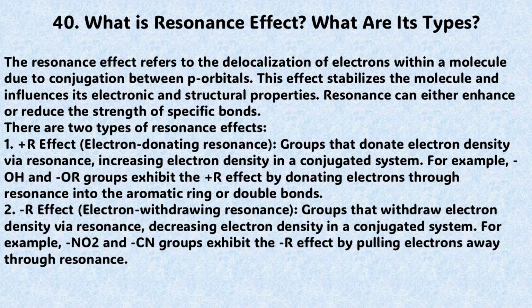For example, OH and OR groups exhibit the +R effect by donating electrons through resonance into the aromatic ring or double bonds. -R effect: electron withdrawing resonance groups that withdraw electron density via resonance, decreasing electron density in a conjugated system. For example, NO2, nitro, and CN groups exhibit the -R effect by pulling electrons away through resonance.